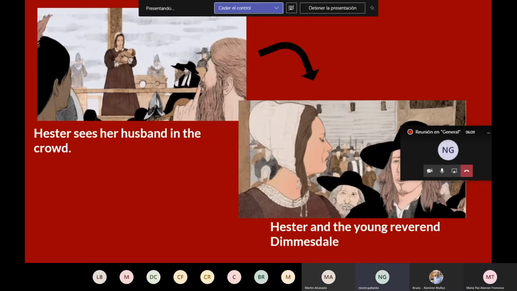After this, in the crowd, as you can see in the first image, there is Hester Prynne with her daughter in her arms. In the crowd, she recognized a familiar face. And this man is her husband, the one that you can see with the finger on his lips.